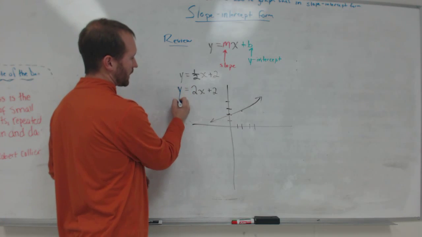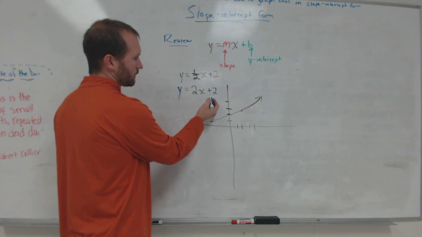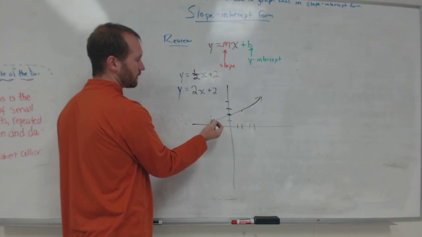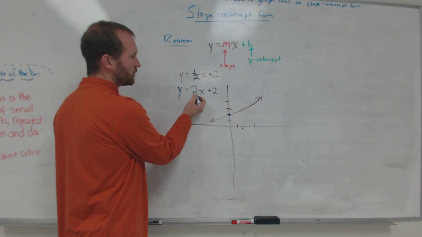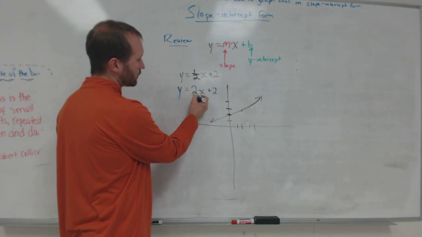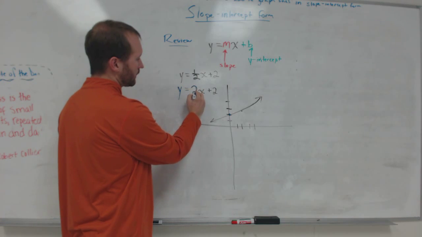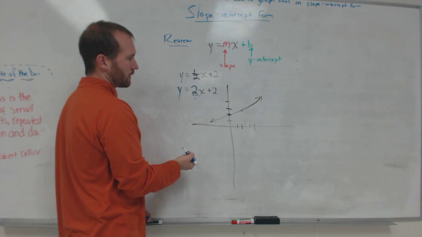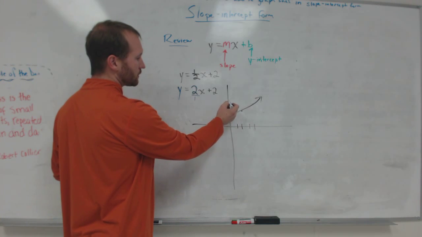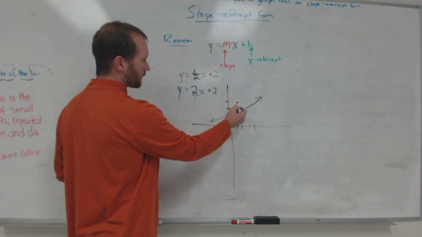So let's make the y blue. Start with my plus 2, and I put my y-intercept there. Now 2 doesn't look like a fraction, but we can turn it into a fraction. 2 over 1. 2 over 1, right?